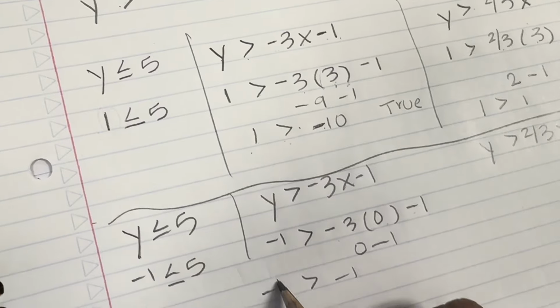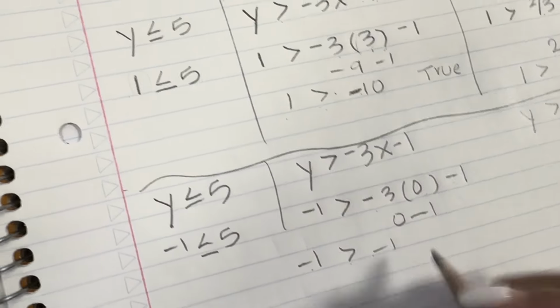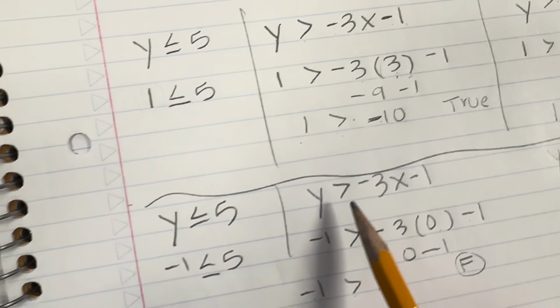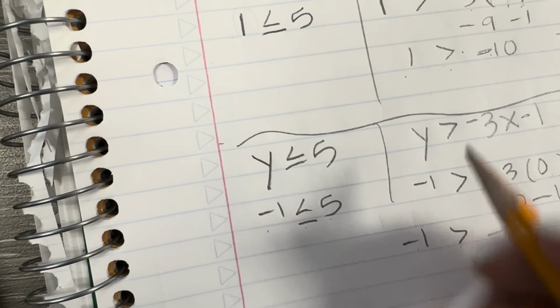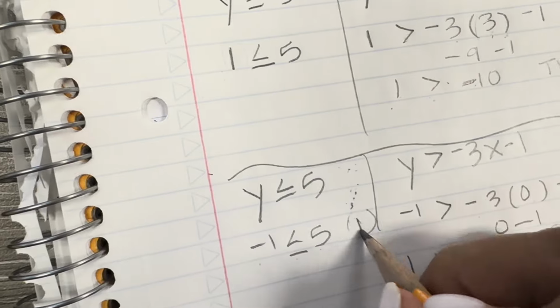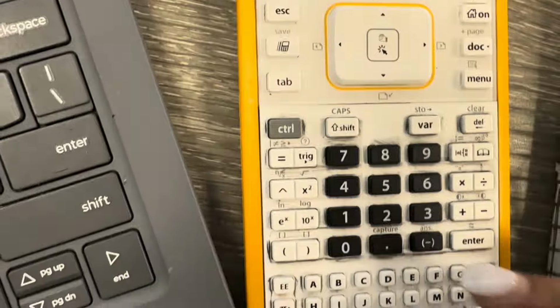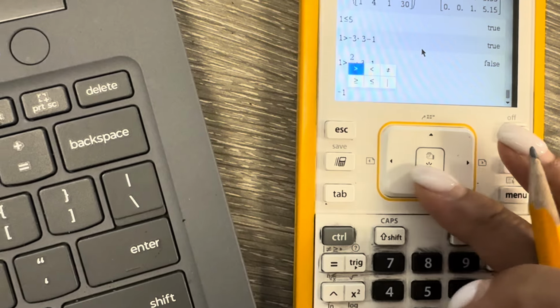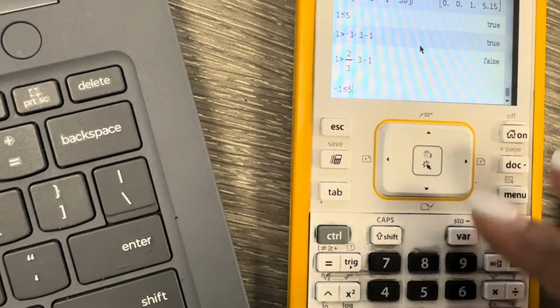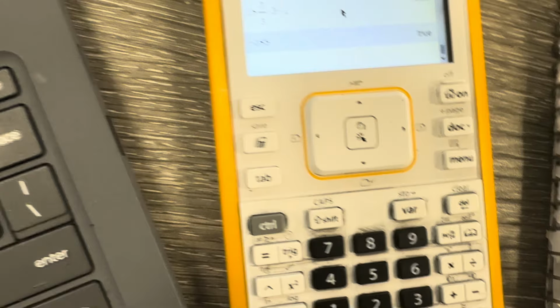Is that true? Is negative 1 greater than negative 1? No, it's not. We'll double check it on here if you would need to. So this one's correct. Negative 1 is less than 5. That is very true. So let's do it on here. Negative 1, control equal. Less than 5 is true.